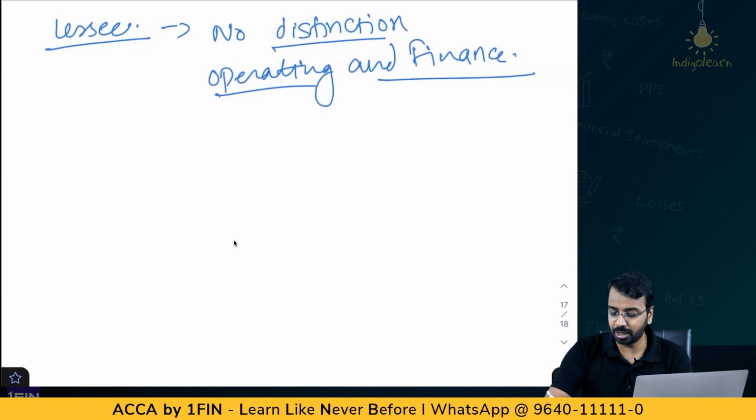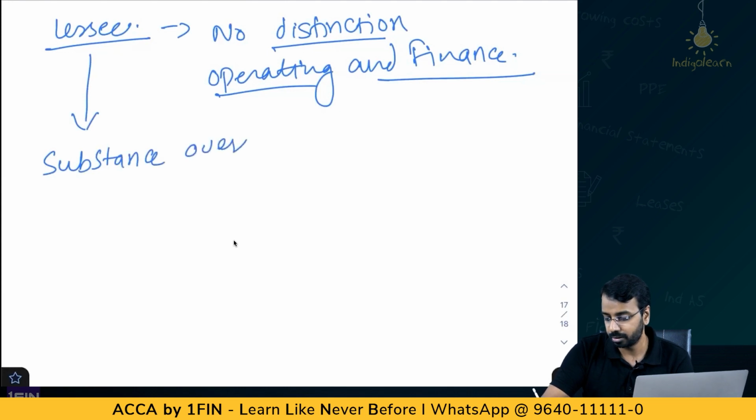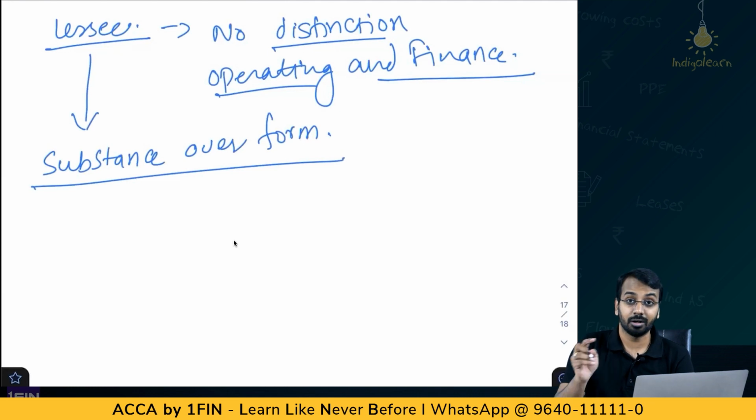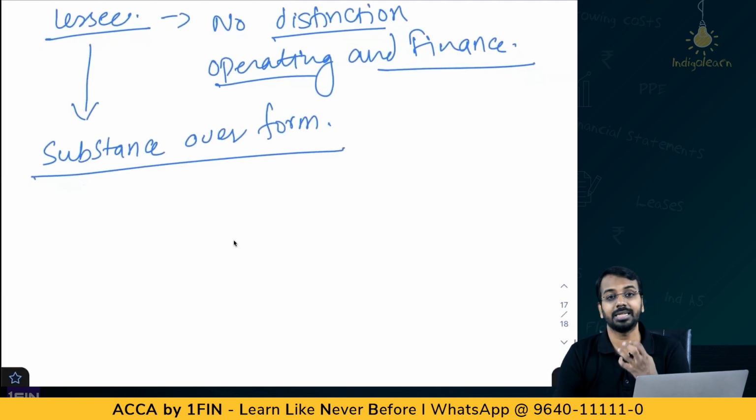Then when we say accounting of lessee, here we follow the concept of substance over form. Now, when the lessee does the accounting, lessee says, I have a right to use the asset.